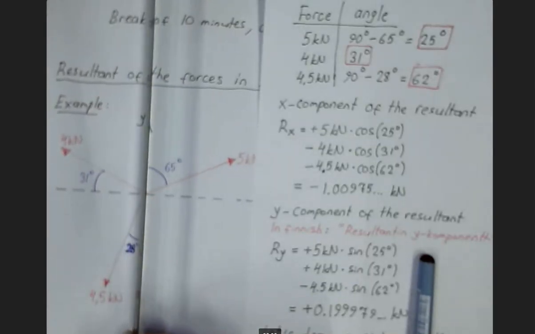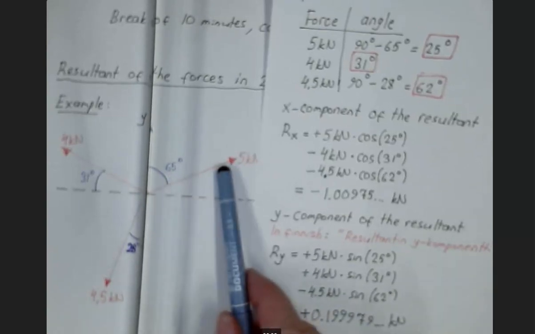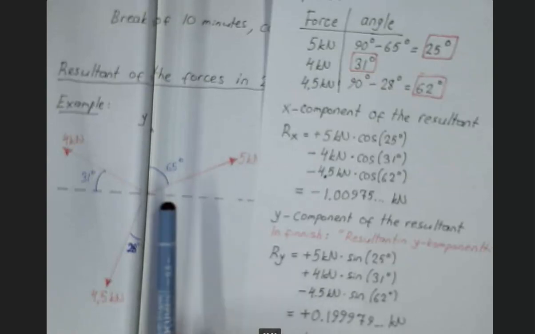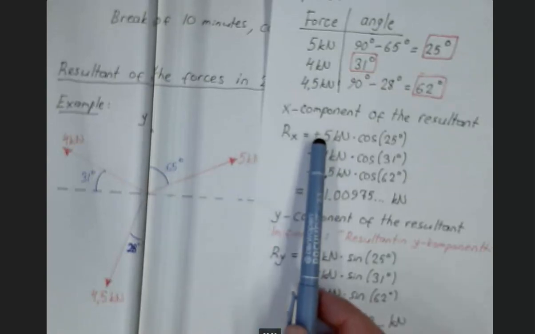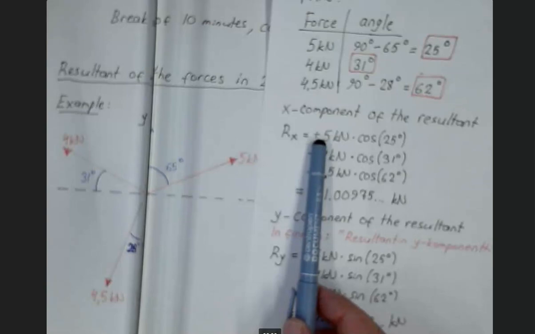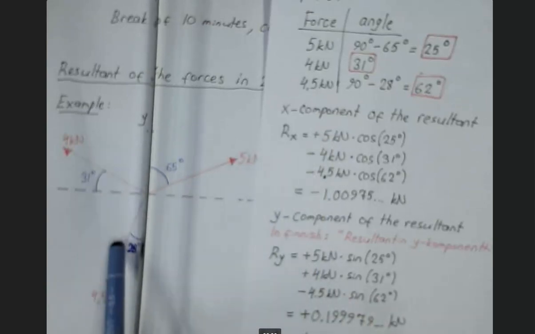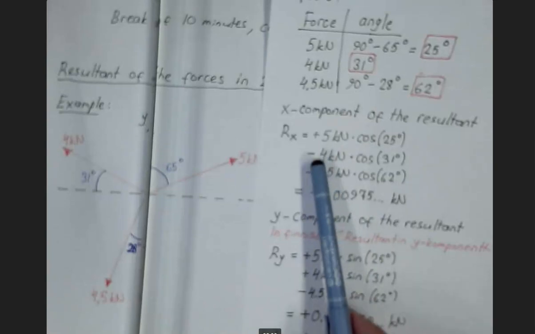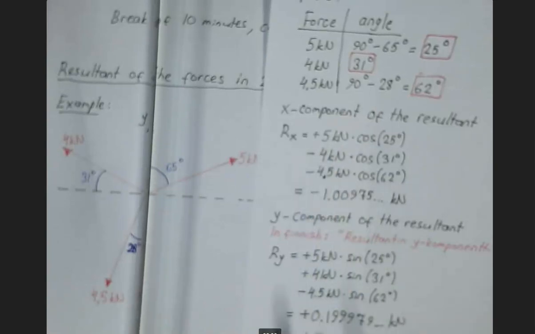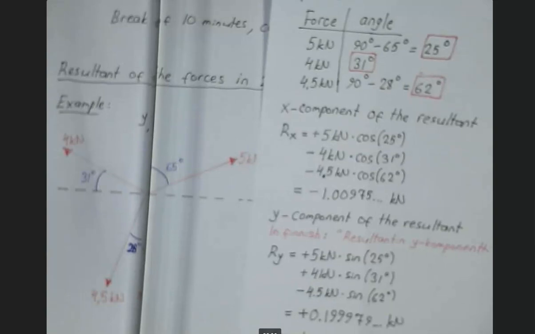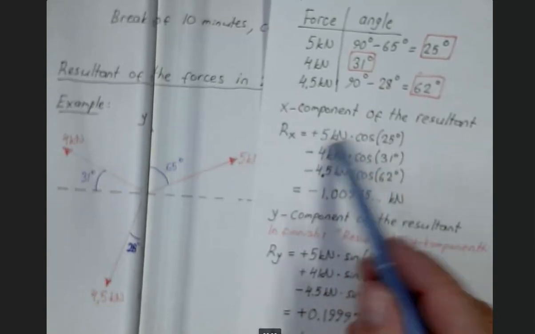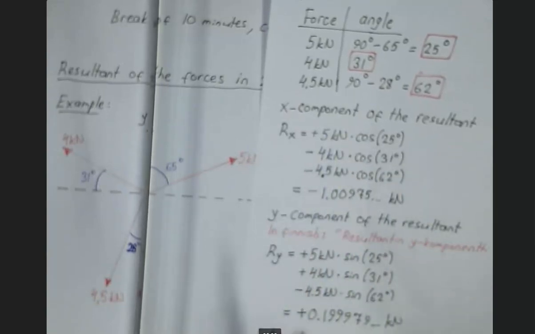And this vertical plane, you can see that only this force points to the right from this vertical plane, and that's why it has plus sign here. But these two forces here point to the left, and that's why these forces have minus sign here. And then I used calculator to get the value of this.